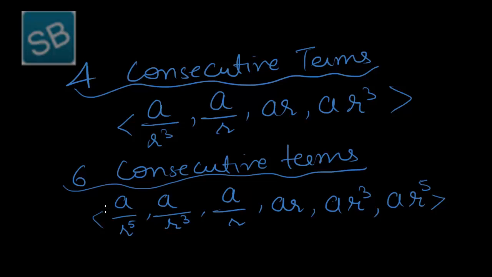If we increase succeeding terms by multiplying by r square term by term, and obtain preceding terms by dividing each term by r square, we will get the same 4 consecutive terms and 6 consecutive terms. So these were all about the consecutive terms of geometric progression.